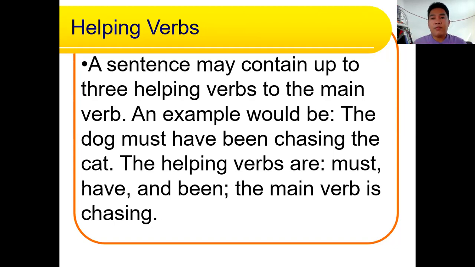If your action verb ends with ing, there is no need to add helping verbs. And a sentence containing 3 or more helping verbs is also correct, depending on the sentence that you are writing.